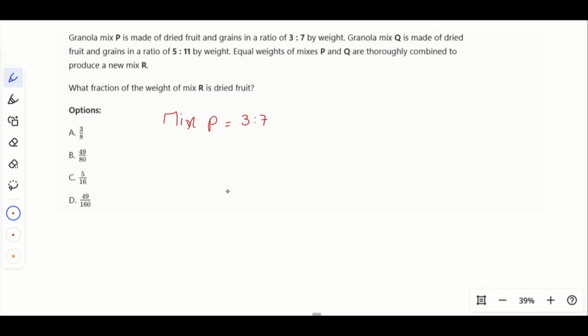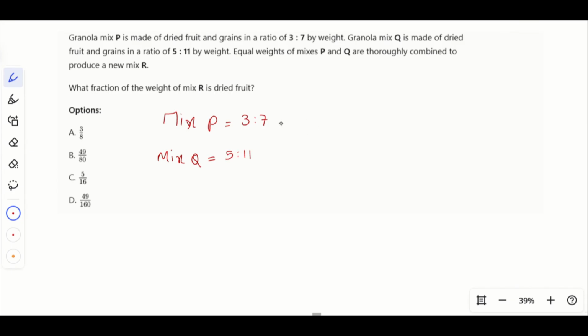And for mix Q, it is given as 5 is to 11. So now let's find the fraction of dried fruit.